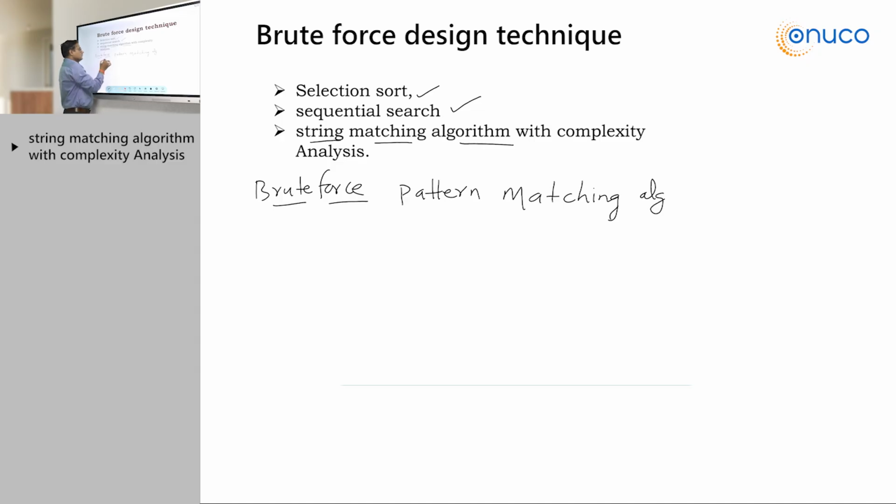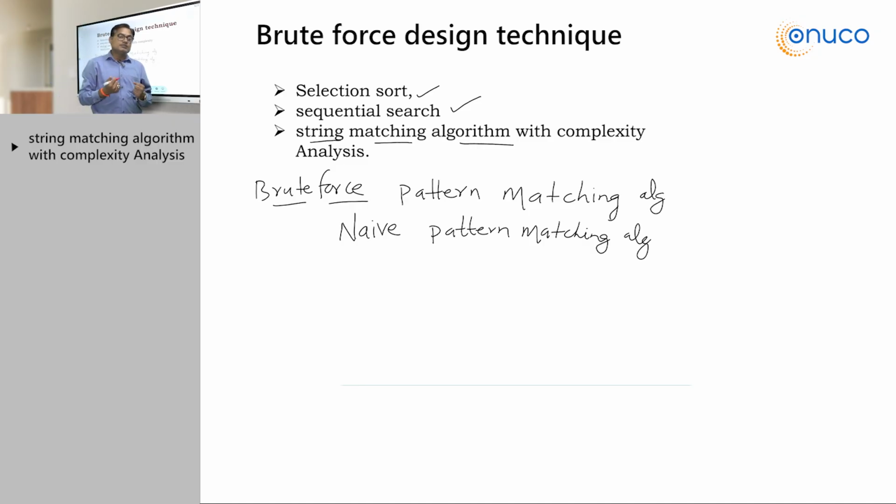Or this is also called Naive pattern matching algorithm, because Naive is a mathematician who gave the concept of pattern matching, right? Hence it is called the Naive pattern matching algorithm. Now we are going to learn how basically this algorithm works.